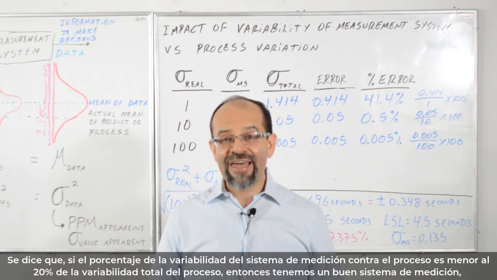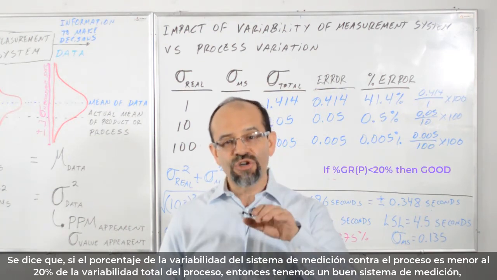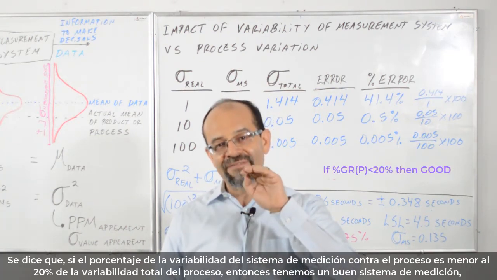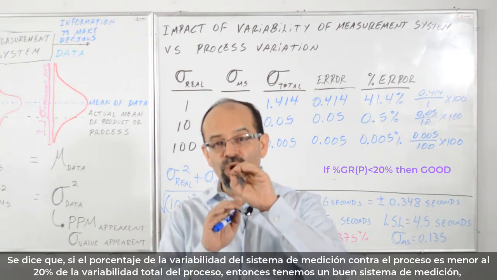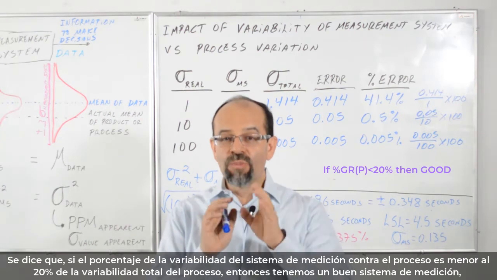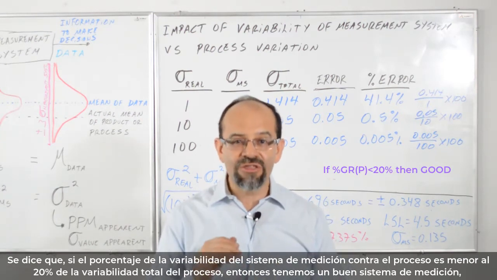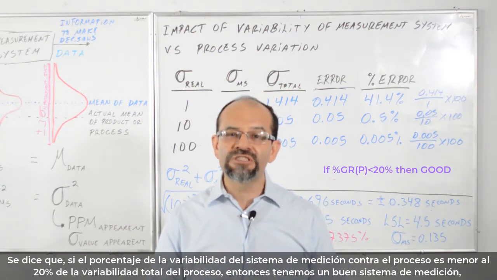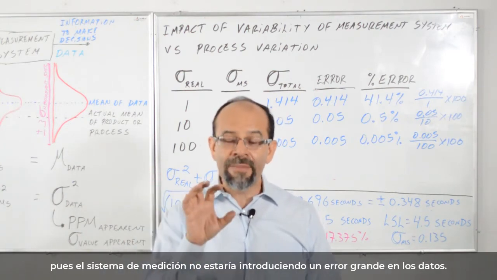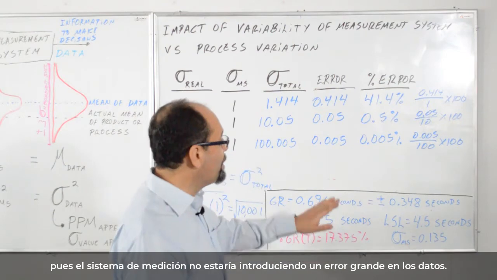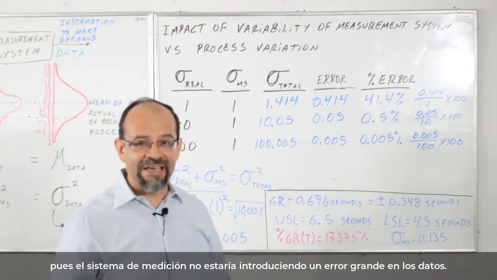Then it is said that if the percentage of total variability of the measurement system against process is smaller than 20% of the total variability of the process, we have a good measurement system because the measurement system is not introducing a big error on the data.